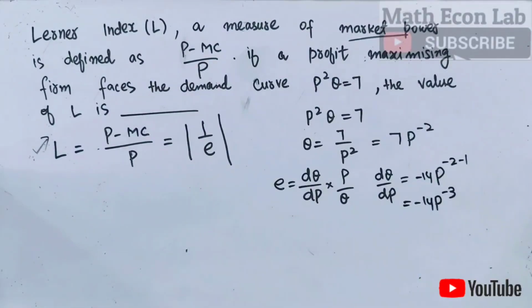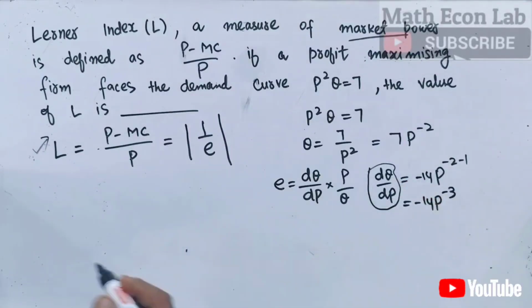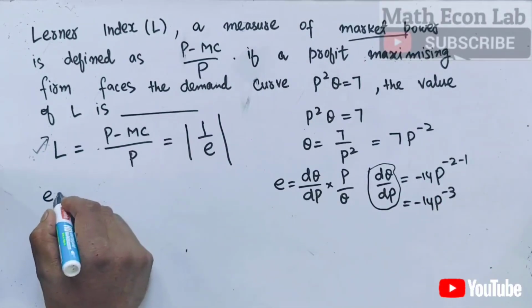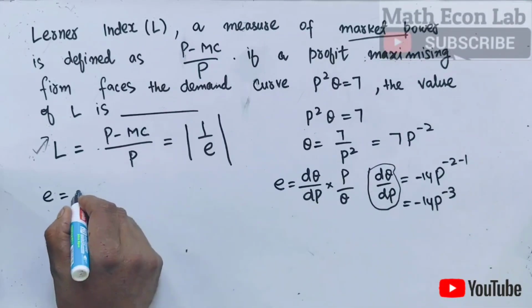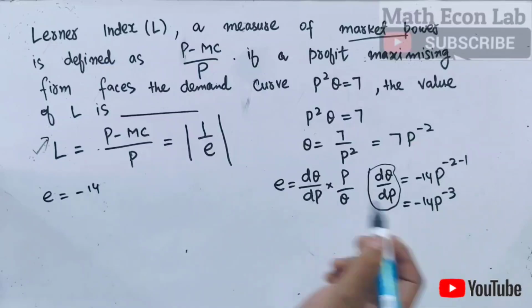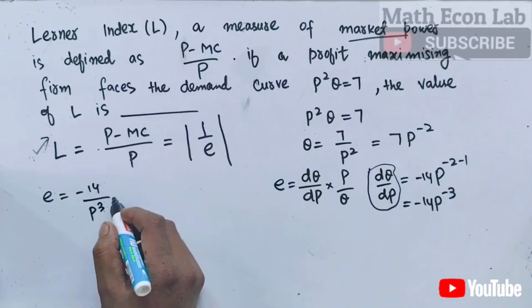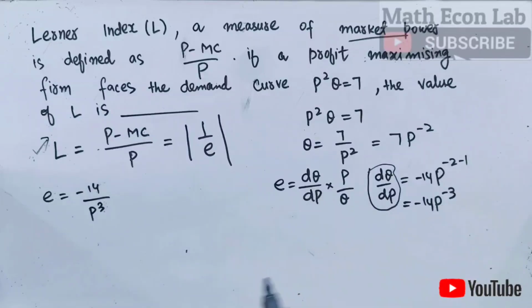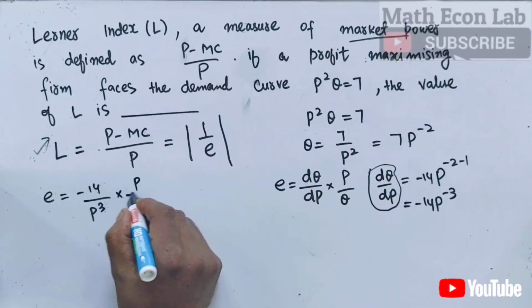This is our derivative. Then elasticity of demand will be equal to dQ upon dP, which is equal to minus 14 over P cube here. If I transpose this, the exponent becomes positive, times P divided by Q.